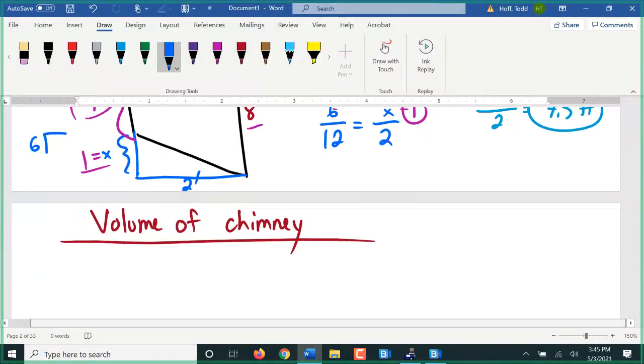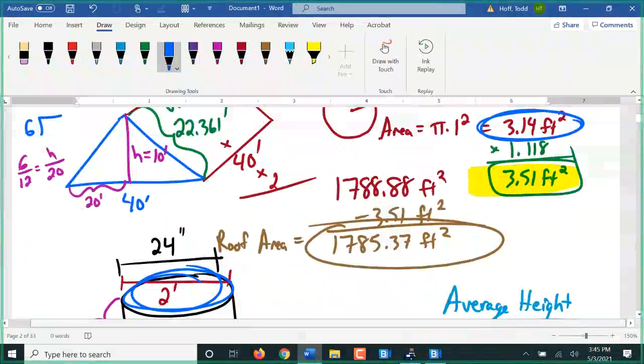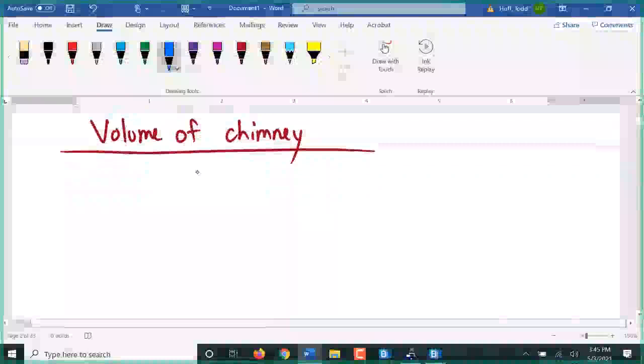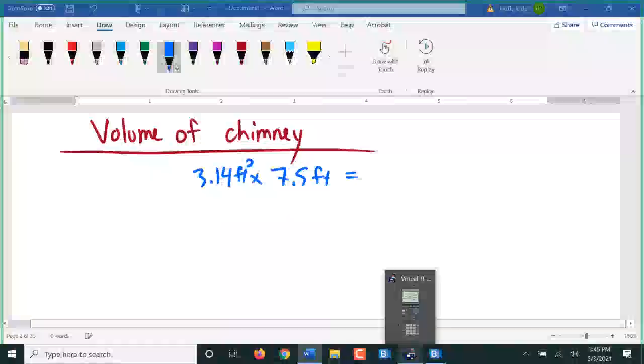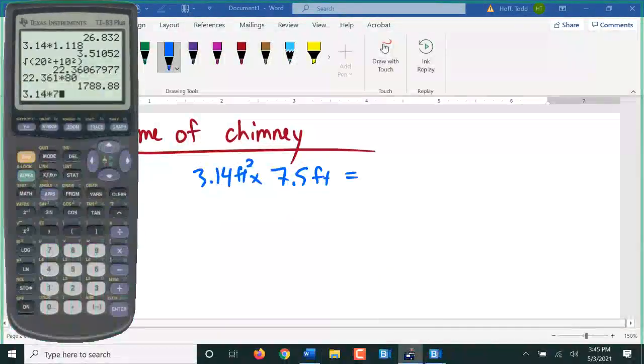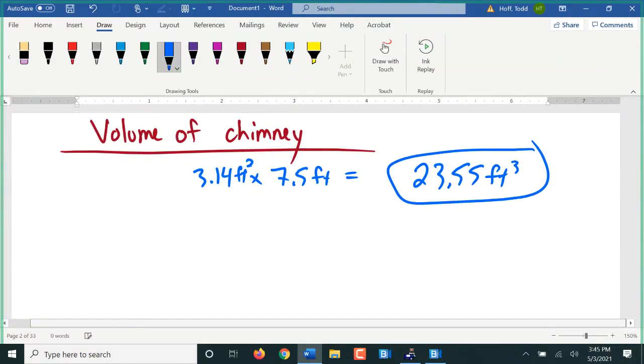I take the area of the circle on top here, which is pi times 1 squared, which we already found is 3.14 square feet, times that average height of 7.5 feet. That's 23.55 cubic feet of volume in that chimney.